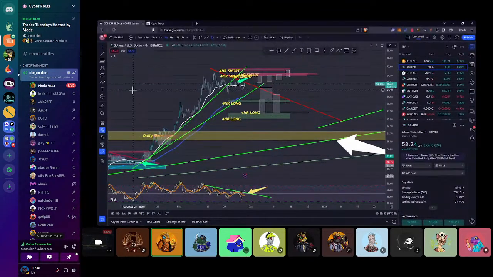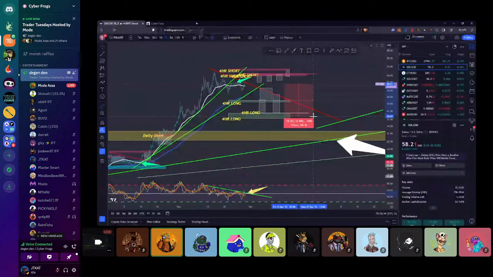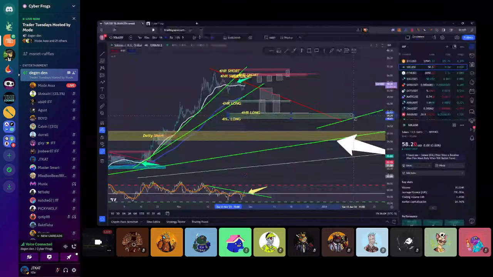Like most people are going to think, oh shit, we're down 30%. We're losing it. But we may not hit that point, right? We might not hit this long call until here. Maybe this long call will be our break and our retest point.